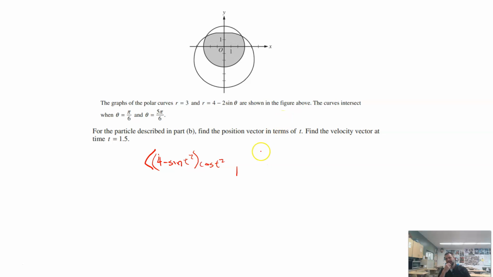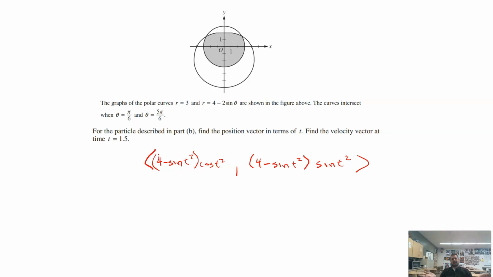Remember, a y-coordinate in polar coordinates is r, which is my 4 minus 2 sine of theta, but we're putting t squared in, multiplied by the sine of theta, which again is t squared. So although it looks like it started off as a polar equation, we've kind of changed it into a parametric equation.